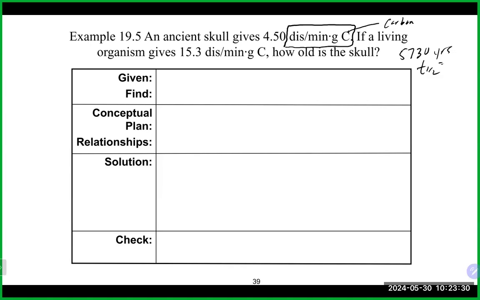So an ancient skull gives 4.5 disintegrations per minute per gram of carbon. If a living one gives 15.3 disintegrations per minute per gram of carbon, how old is this skull? So essentially here we'll still use our kinetics formulas from our first order.